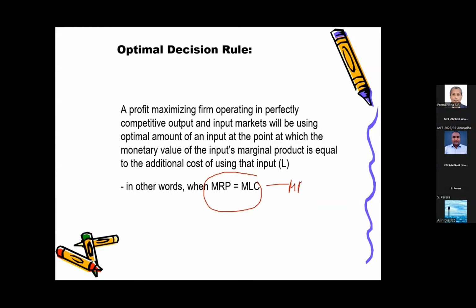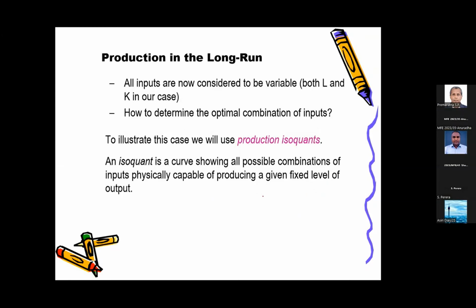Also, later on you can consider MR equals MC, which is quite a similar point. With this condition satisfied, producers in the short run take the decision, and that point is the optimal factor productivity point.